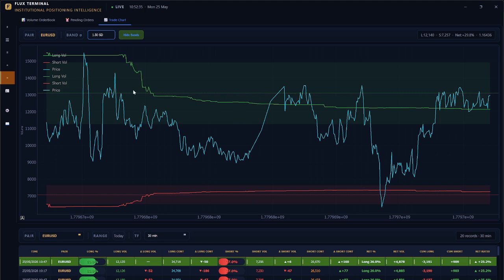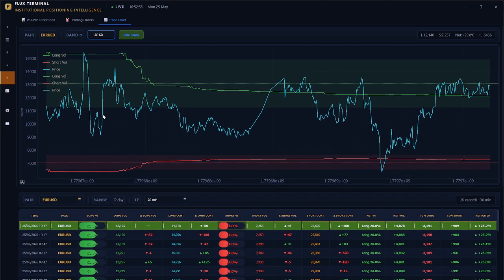I'm not saying this is always the case, that whenever price hits the green band, it must hit the lower band. No. So when the price is at the high or the low, we have to look at the position changes and how retail traders are changing their positions. Basically, this is it for the retail trader.